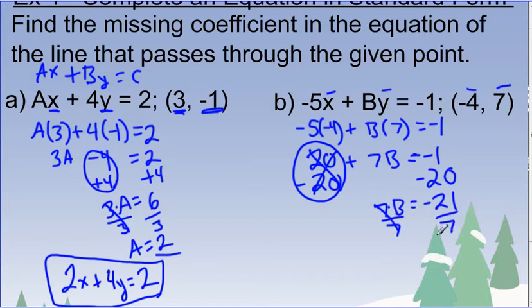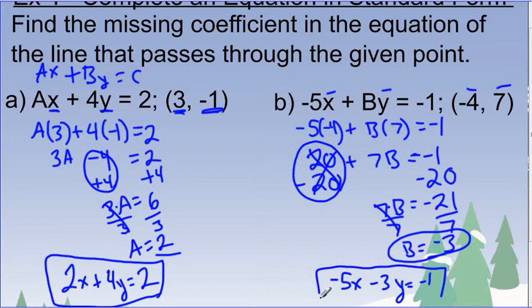Divide by 7, and we get b equals negative 3. So we know this b value is actually negative 3. So now we can just plug it back in. So we have negative 5x minus 3y equals negative 1. That is our equation.